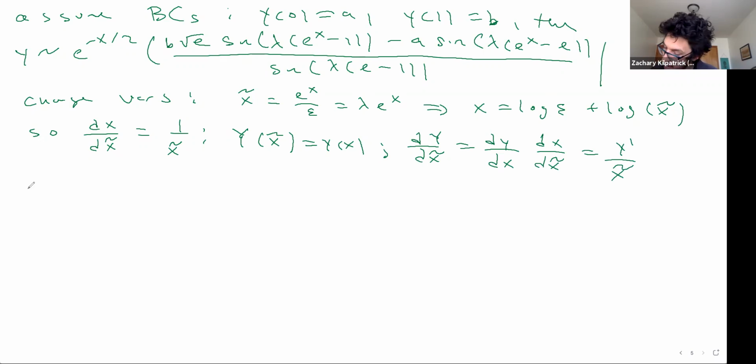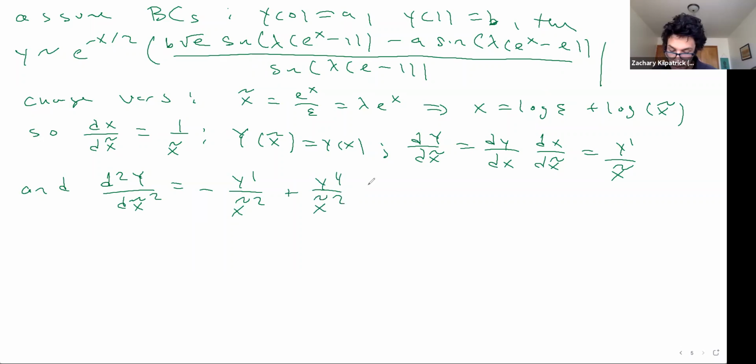And d2y over dx tilde squared is equal to minus y prime over x tilde squared plus y prime prime over x tilde squared, which is minus 1 over x tilde times dY over dx tilde plus y prime prime over x tilde squared.